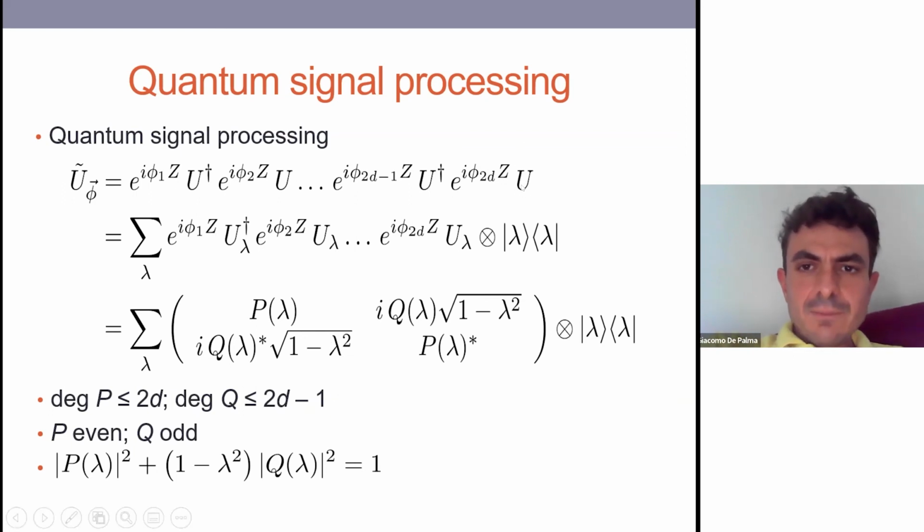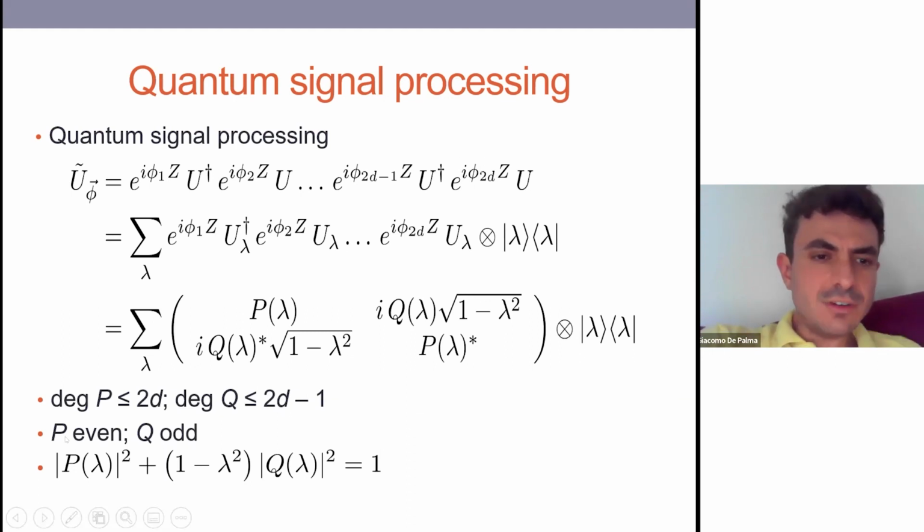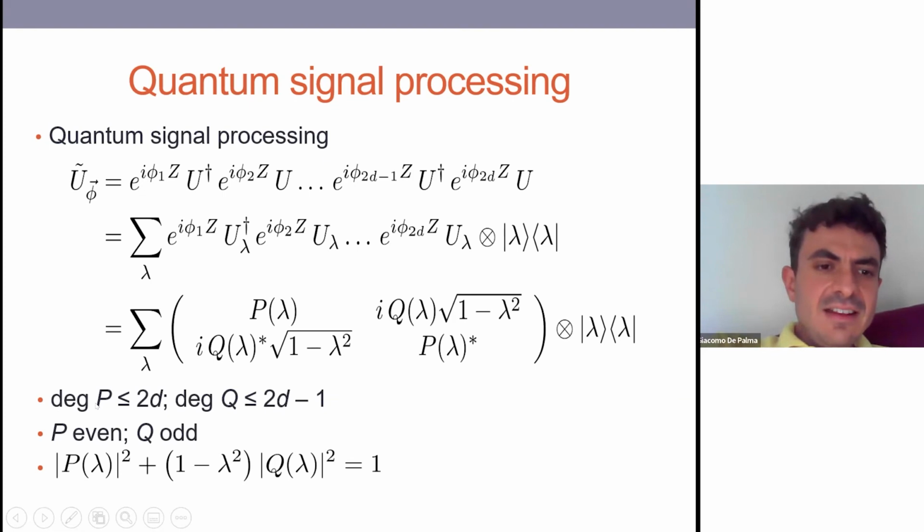Here we applied d times U and d times U dagger, for a total of 2d applications of U or U dagger and 2d rotations in the Z direction. And we can check that the degree of P is always at most 2d, and the degree of Q is always at most 2d minus 1, and that P is always an even polynomial, and Q is always an odd polynomial. And also this matrix has to be unitary, and this is equivalent to P and Q satisfying this condition.